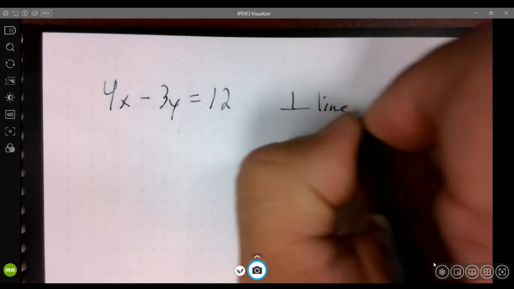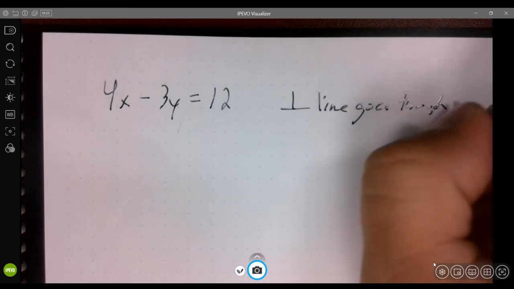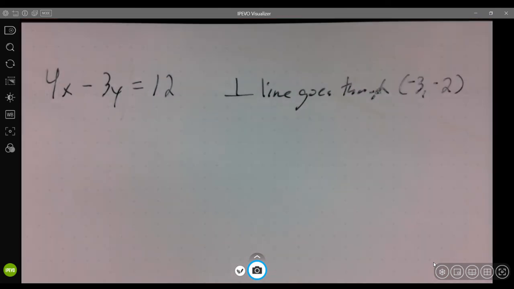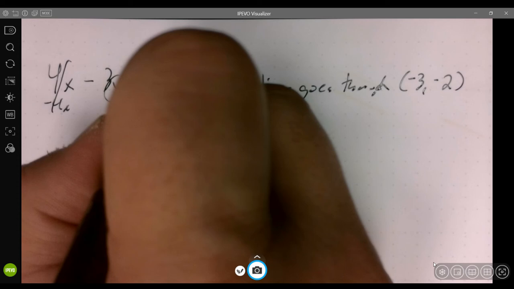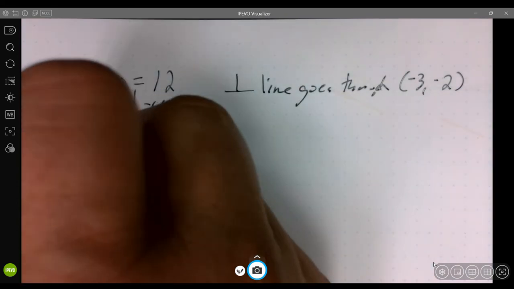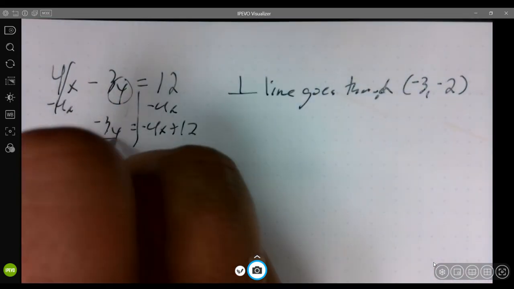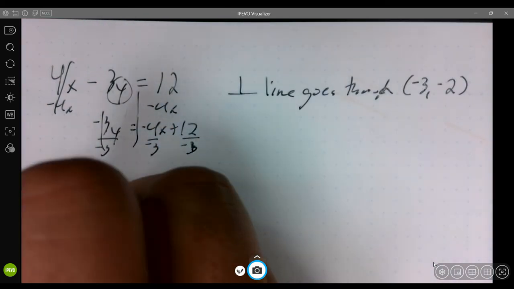So a perpendicular line that goes through the point 3, negative 2. I'm going to make it negative 3, negative 2. So step 1, put in slope-intercept form. I need the slope. So I'm solving for y. I'm going to subtract 4x to start and add 12. Divide everything by negative 3.